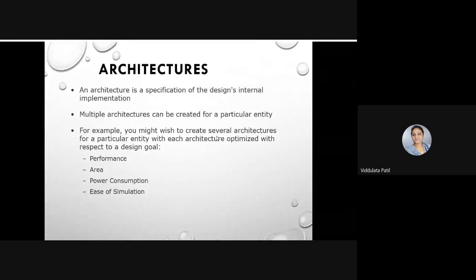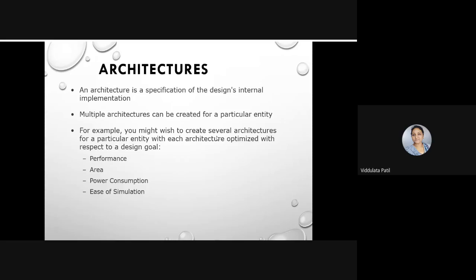For example, we might wish to create several architectures for a particular entity, with each architecture optimized with respect to a design goal. Whenever we go for a design, our goal may be that it should perform well, so the performance level should be high.